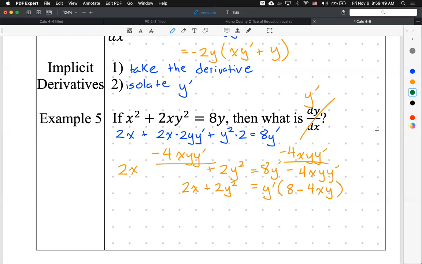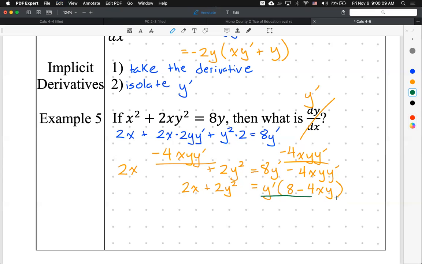And then finally, this is just some block of numbers and variables. Just divide both sides by that. I mean, we're going to have to assume that 8 minus 4xy is not 0, because if it is, we're dividing by 0, and that's a mathematical sin. But let's go ahead and do it. Let's hope that it's not divided by 0.